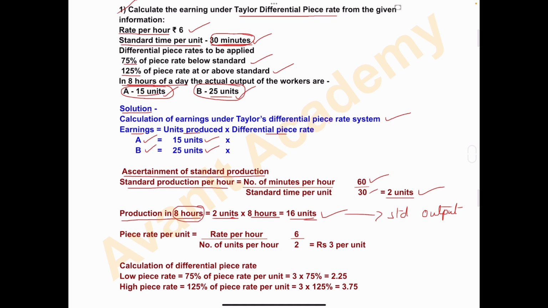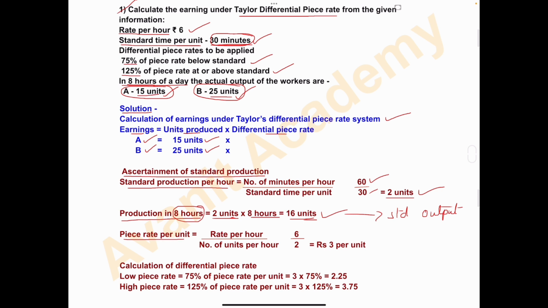And B has produced 25 units, more than the standard. The standard is 16 units in a day of 8 hours, but this person B has produced 25 units, that is above the standard.